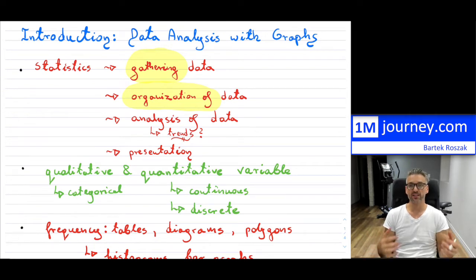But the idea is, once you gather it, once you have it, let's say in a hat, or on pieces of paper if you're distributing surveys, that data is useless. You can gather that data, collect it all up, but then you've got to start organizing. What are you trying to see? And then once you have it organized, you start analyzing the data. You want to see trends, like what is it that you're interested in?